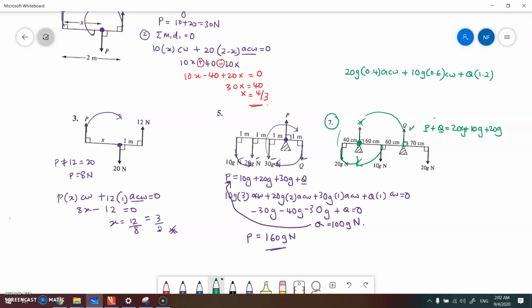This one you move like this, so it is anti-clockwise. And then you have 2G. The distance is 1.9. Move like this, so it is clockwise, equal to 0.